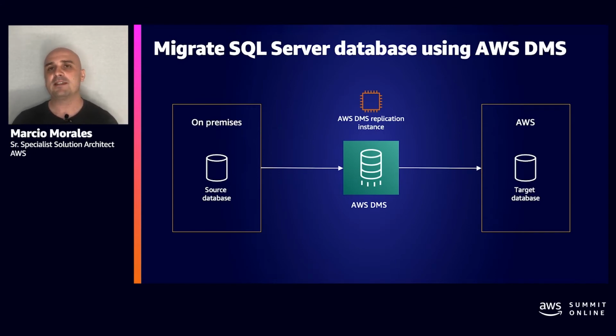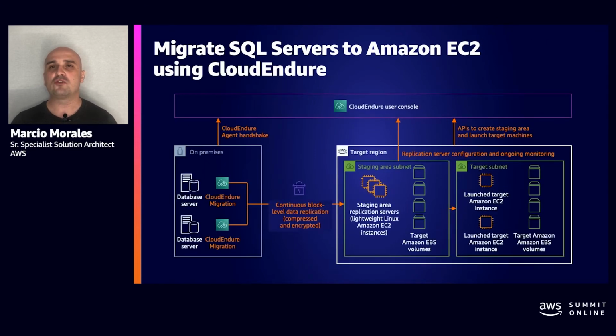Now, let's say you don't want to connect to the SQL Server at all. You still want to replicate those environments. So you can use a block-level replication approach. In AWS, you can use CloudEndure. CloudEndure is an agent-based solution. So you're going to install the CloudEndure agent on your on-premise SQL Server database.